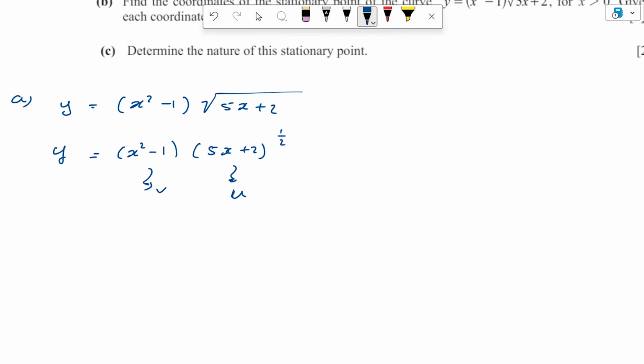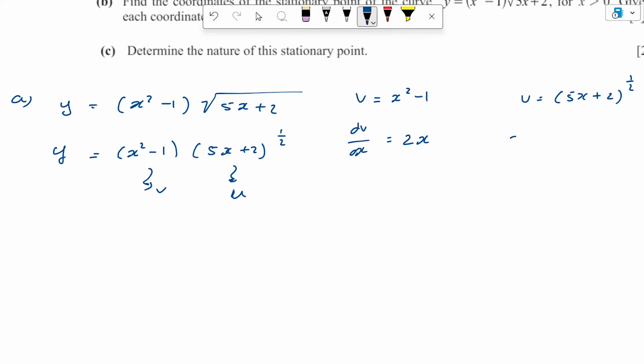Okay, so let's just write them down here. V is equal to x squared minus 1, u is equal to 5x plus 2 to the half. dv over dx, that's going to be 2x.